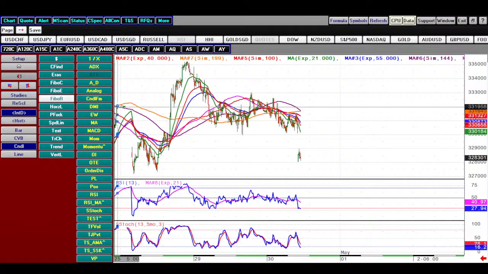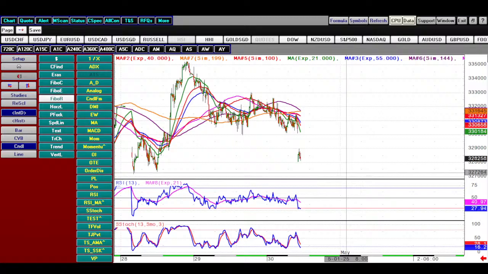Just give me 1 minute. Yeah, so I think we can go for a sell around 87 or 89. Okay, so expect this weakness to continue.